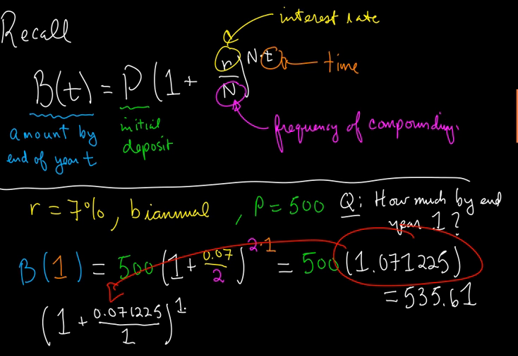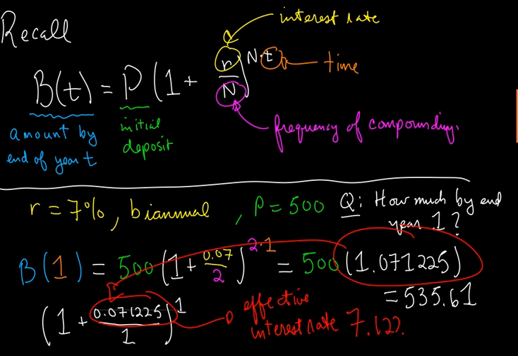Okay? So it turns out that that number there, that interest rate you get, is the effective one. That's the effective interest rate. In other words, in this example, it's 7.1225%. And so what is the effective interest rate?